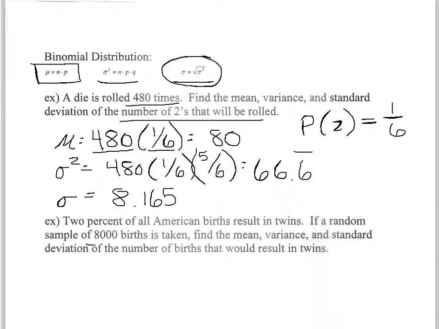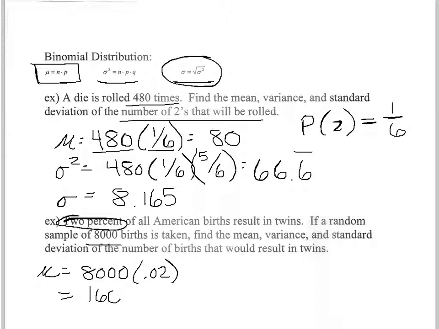Do the same thing down here. 8,000 births, 2%. So I have an n value of 8,000. I have a probability of success of 0.02. This is going to give me 160.